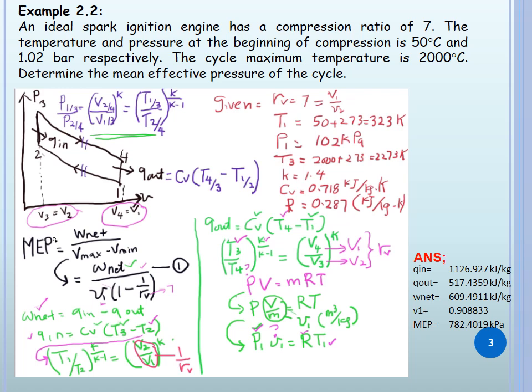You can try to calculate by yourself, so that you will know which parts you understand and which parts you are confused about and need to ask your lecturer. So that is the end of the Example 2.2 solution.